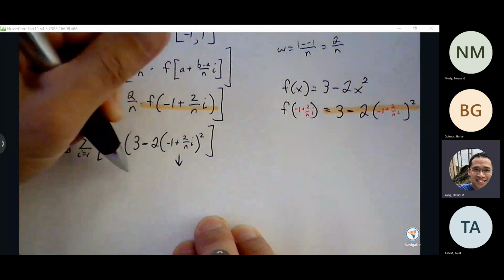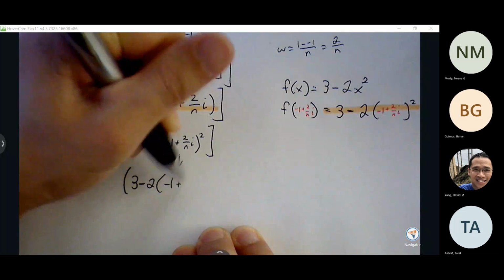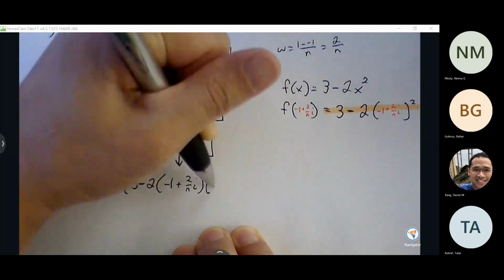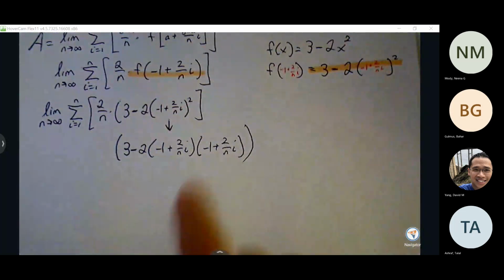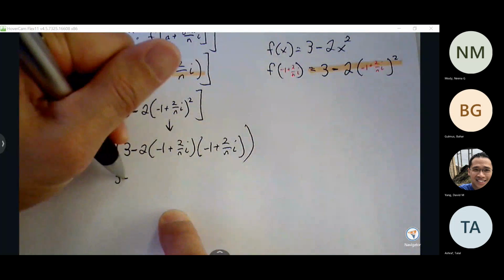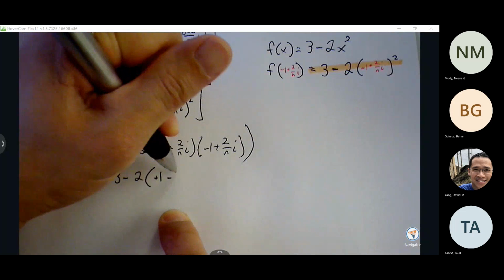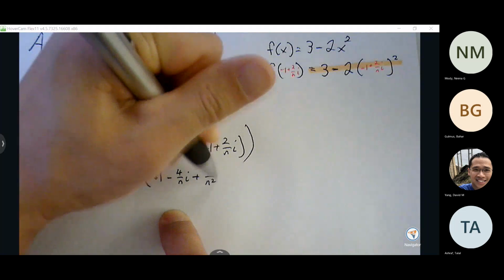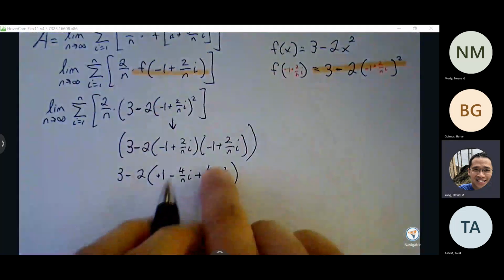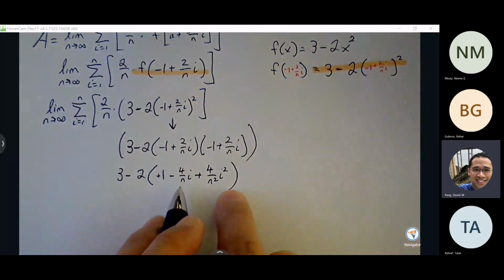Okay, begin foiling this out here. I'm just going to focus on this portion. So the two middle terms are negative 2 over n i minus 2 over n i, and I just combine that to become minus 4 over n i's.